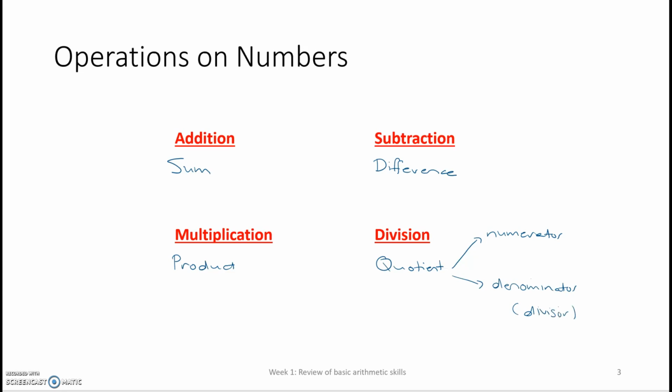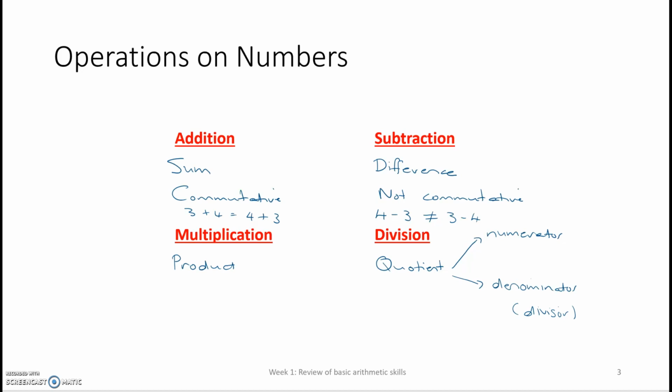Now let's go back to addition. Addition is commutative. So 3 plus 4 is equal to 4 plus 3. But subtraction is not. So if you've got 4 minus 3, it's not the same as 3 minus 4.